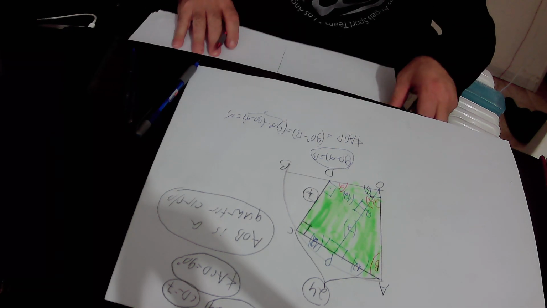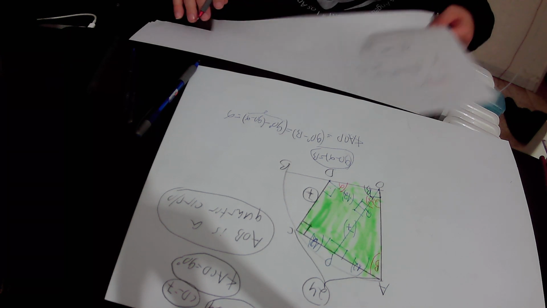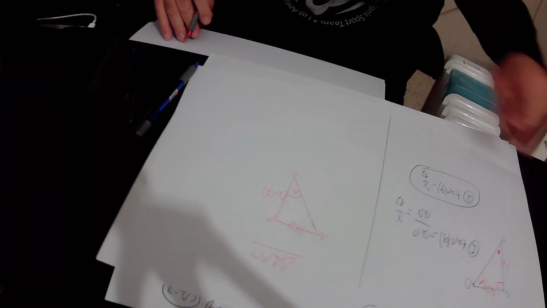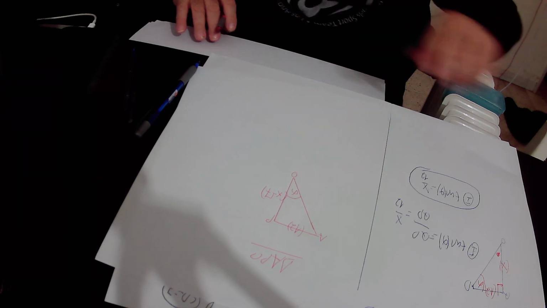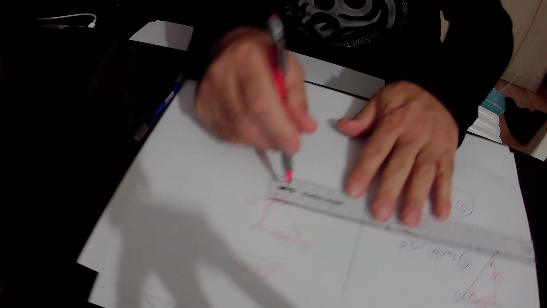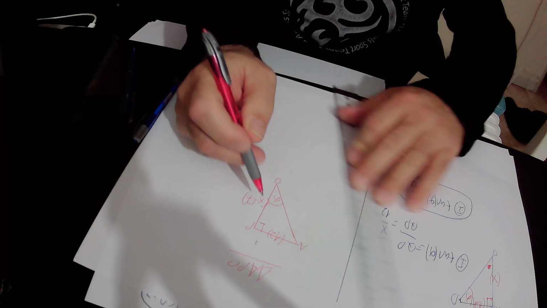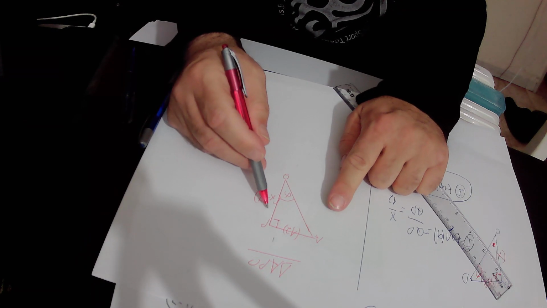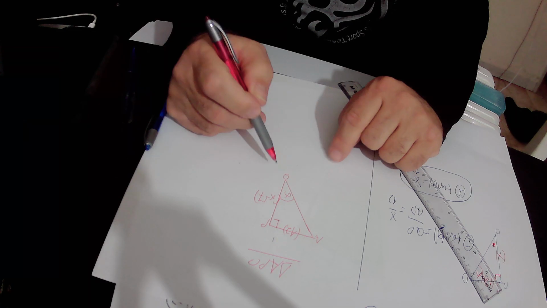So actually, this is the right triangle APO, coming from the original drawing. Side AP of this right triangle APO equals 12 units. Side PO equals X plus 7, and this is angle alpha.